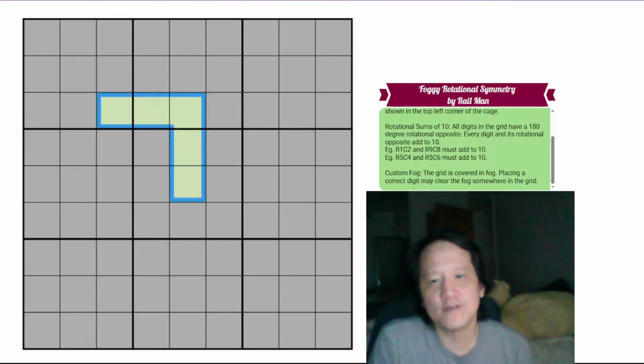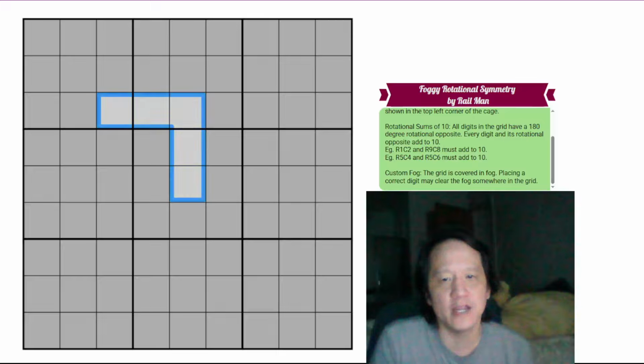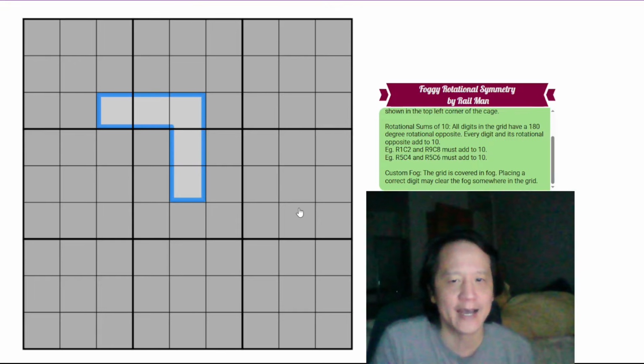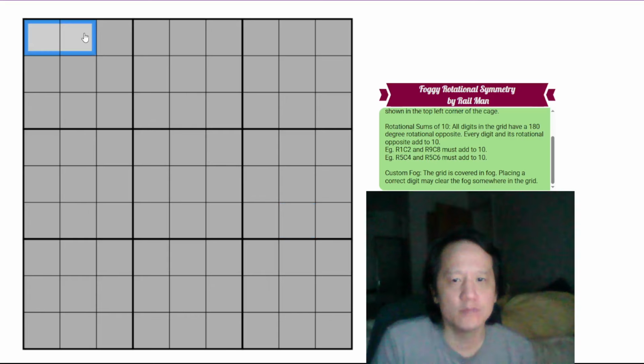We have rotational sums of 10. All digits in the grid have a 180-degree rotational opposite, and every digit and its rotational opposite add to 10. For example, row 1, column 2, and row 9, column 8 must add up to 10.